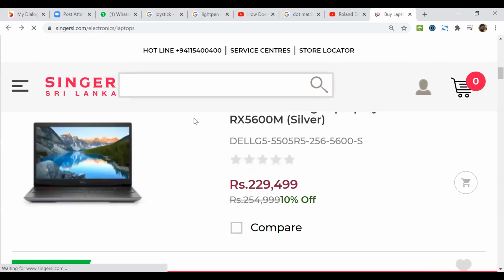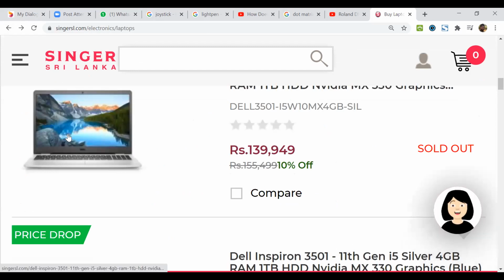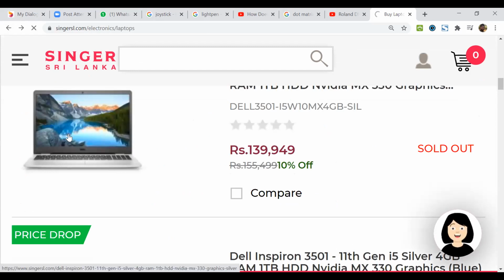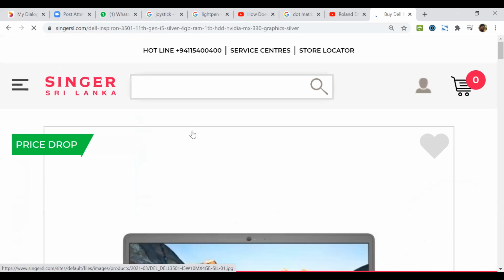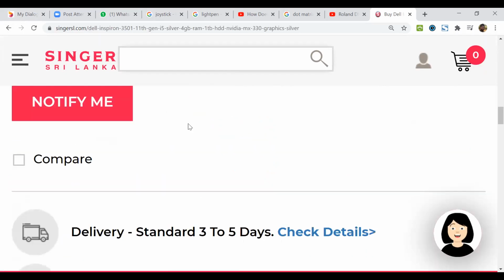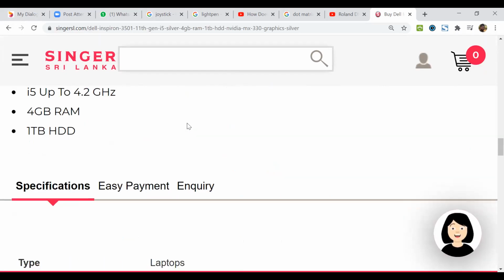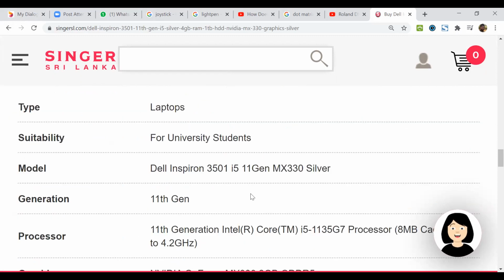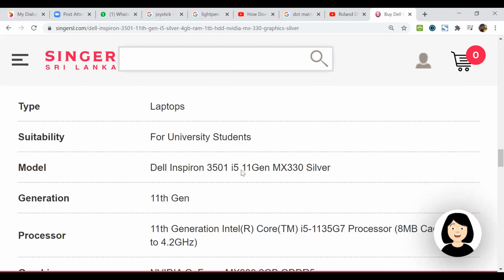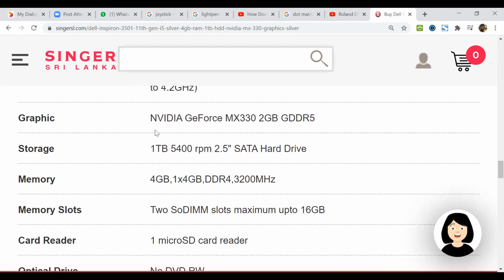Maybe we could look at a normal machine. Yes, in this one, if you go to specifications, you will see... again, it didn't say exactly the speed.